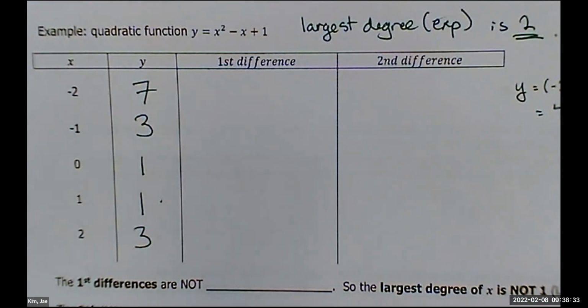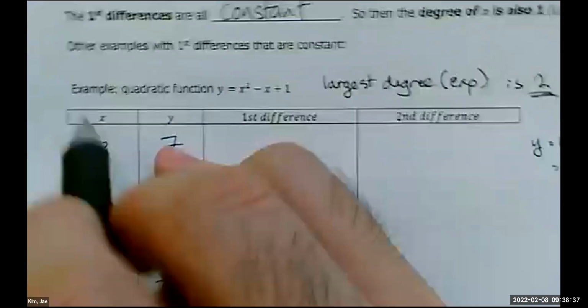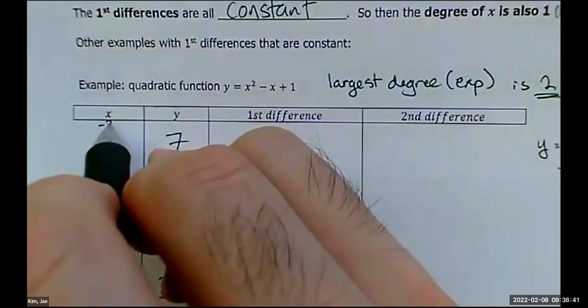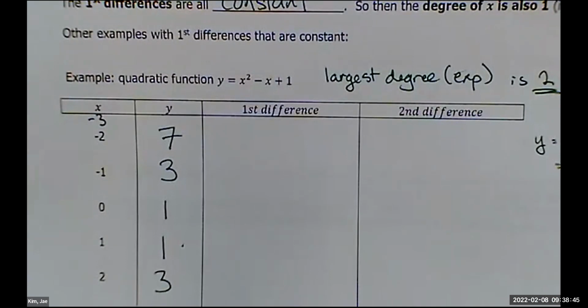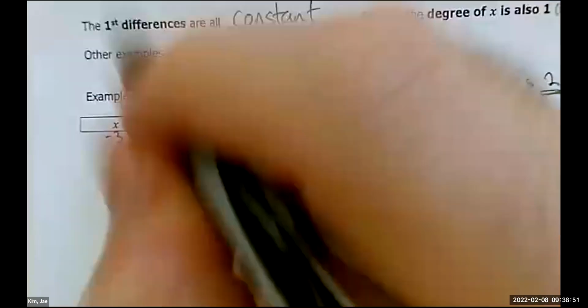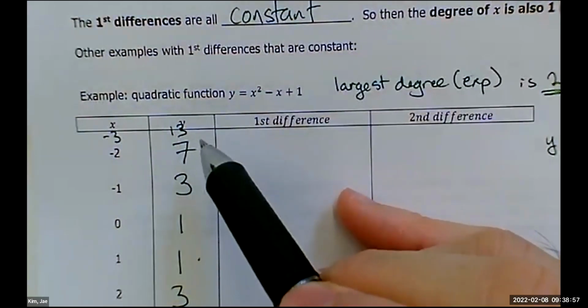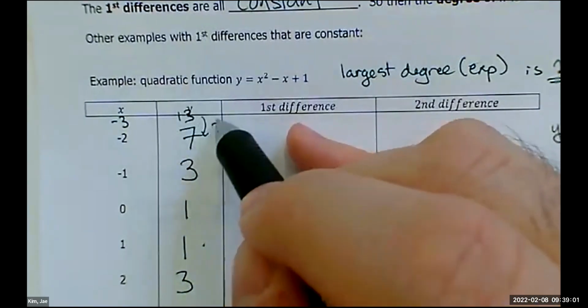I don't know. It would be something different. You know what? We can try it. So you mean -3 or +3? If this was -3, -3 times -3 is 9, minus -3, so it's like +3, that's 12. It's actually 13.